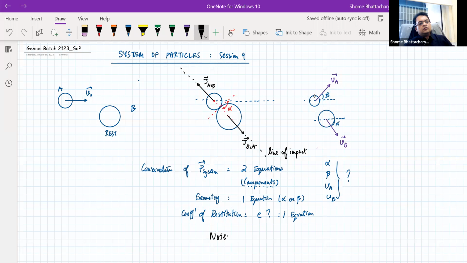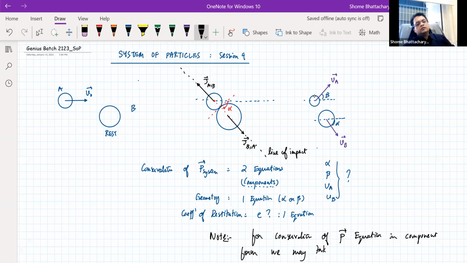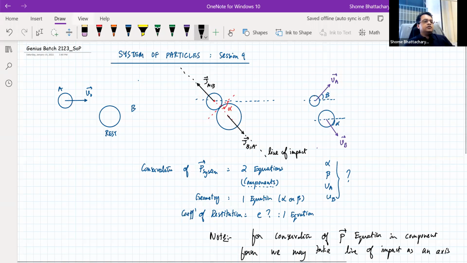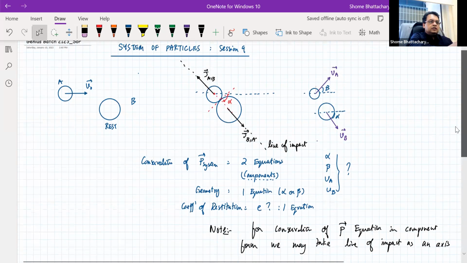So for the conservation of momentum equation in component form, we may take the line of impact as an axis, or we may take the direction of v naught, the initial velocity of the first body, as the reference.